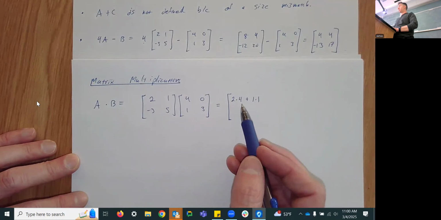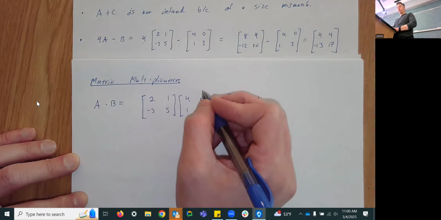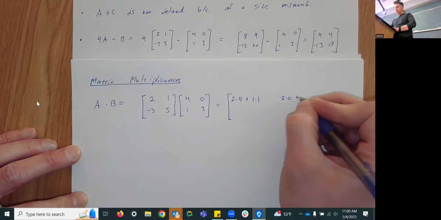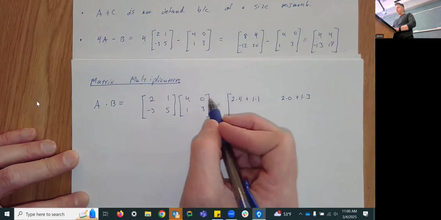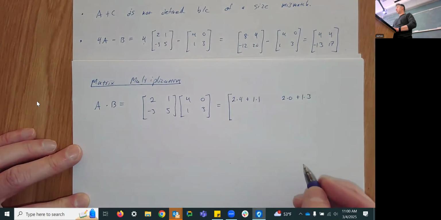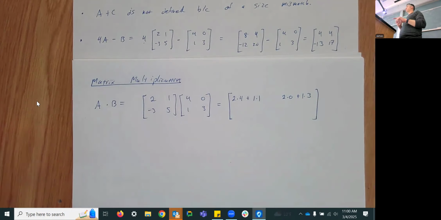That is not a coincidence. Now, if I do the first row dotted with the second column, I get 2 times 0 plus 1 times 3, and my result ends up in the first row and second column. Again, not a coincidence.